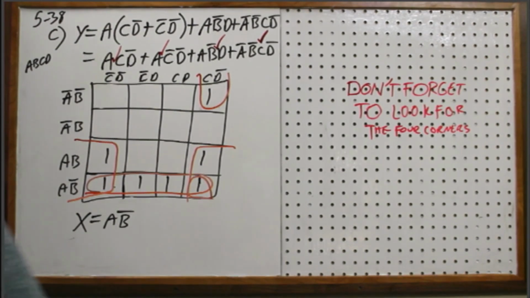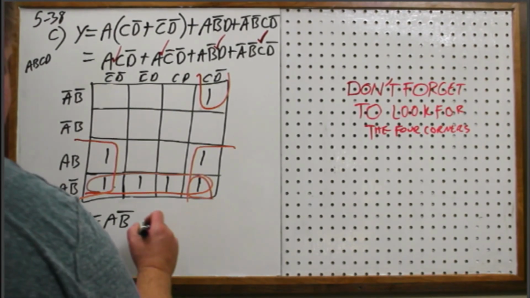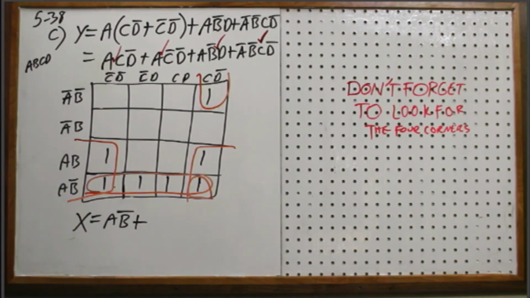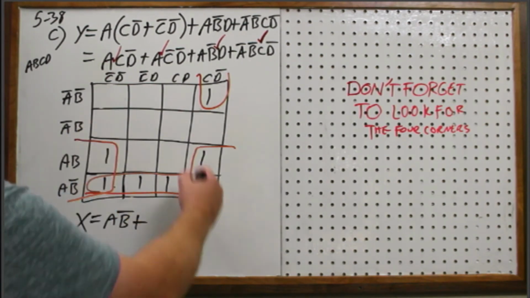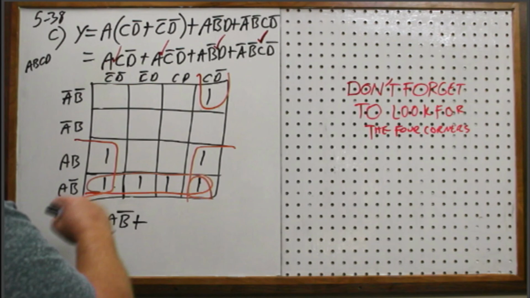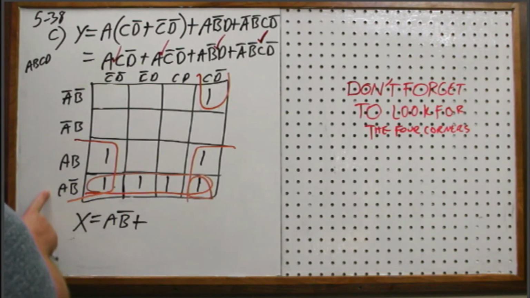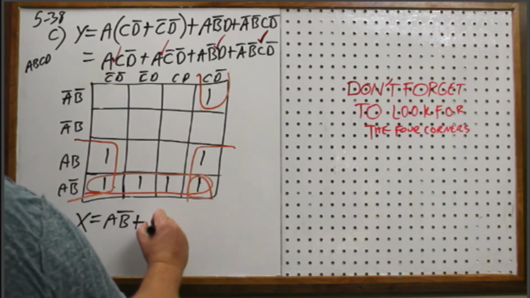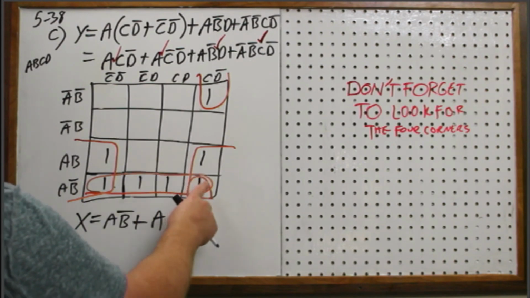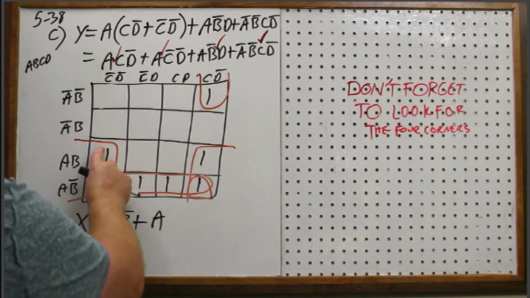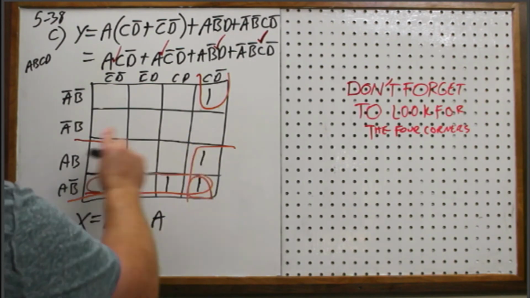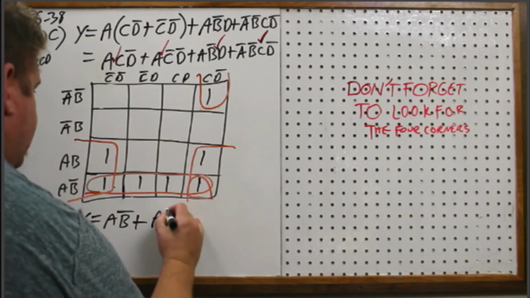Okay, the next term is this outside group of 4. And so what remains constant there between the 2 rows is A. So plus A times this column, what remains constant is D naught. So that's A D naught.